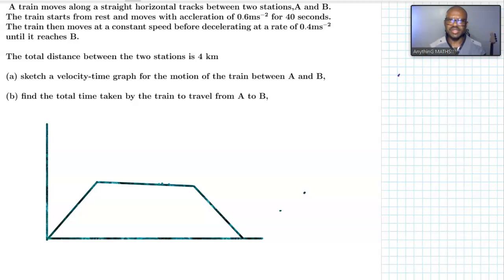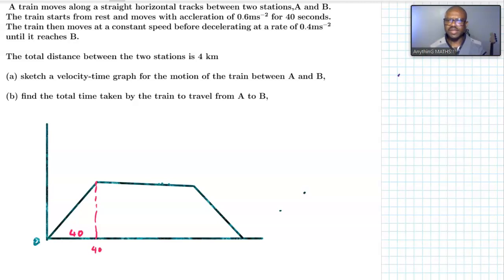We are told at station A, the train moved from rest, so starting from 0, and then moves with acceleration for 40 seconds. So from here to there will be 40 seconds.